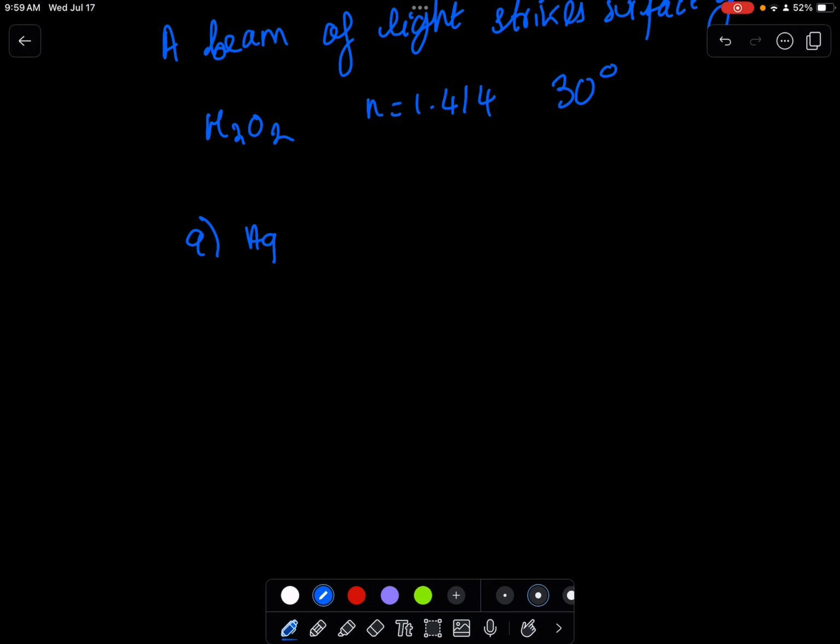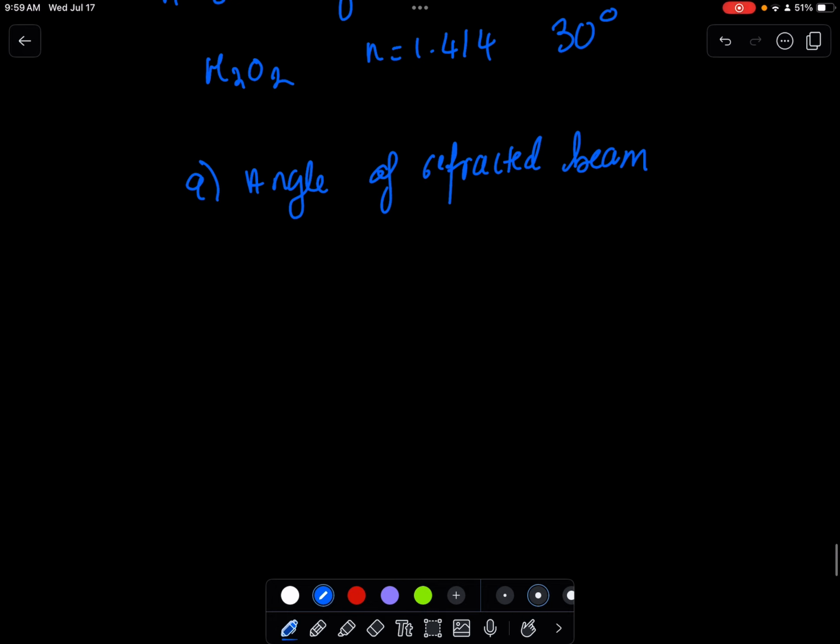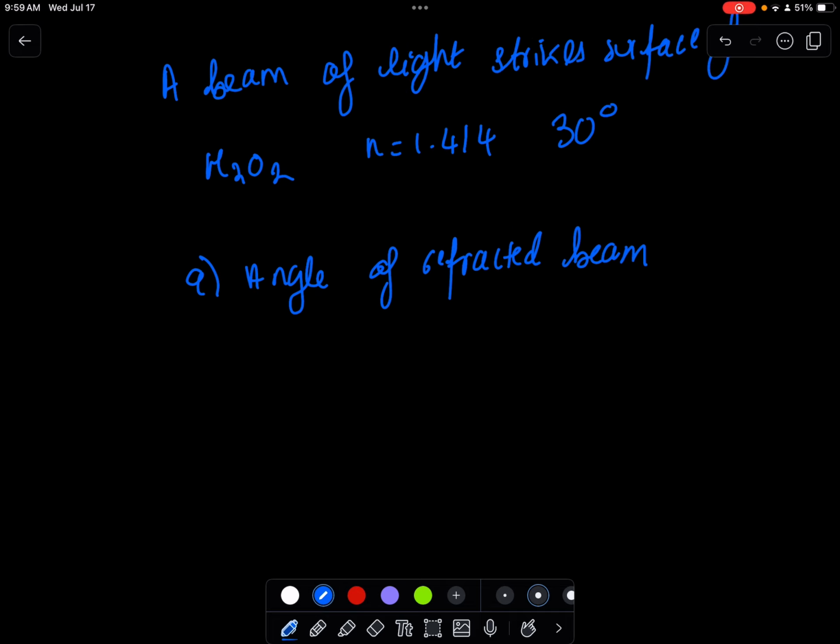So we're going to learn a new equation here. So Snell's law is going to form a relationship between the incident angle, which is the angle it strikes the surface with, and the refractive angle, which is what it makes with the normal once it slows down.